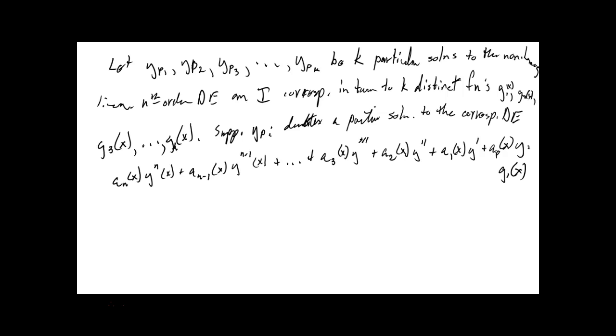But then you have a g1 of x, and this y sub p1 denotes the particular solution for this g1 of x. And then you may have more g's of x, and a different y sub p2, y sub p3, and so forth, each one corresponding to a different component of your solution. Okay?